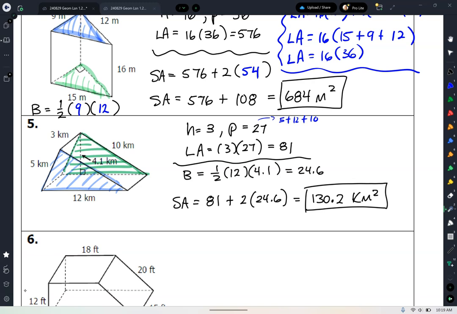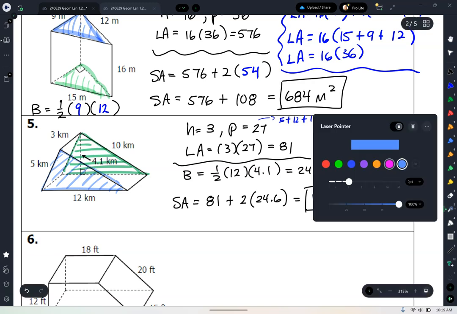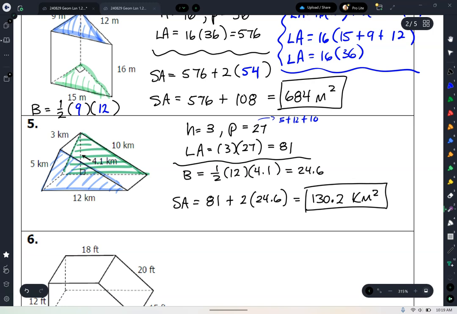Wait, hang on. Watch carefully. Watch up on the screen, okay? Here, let me change this color so it stands out a little bit more. The height of the solid is the distance that separates the 2 bases. That's the height of the solid. The height of the two-dimensional base is what meets at 90 degrees on the two-dimensional base.